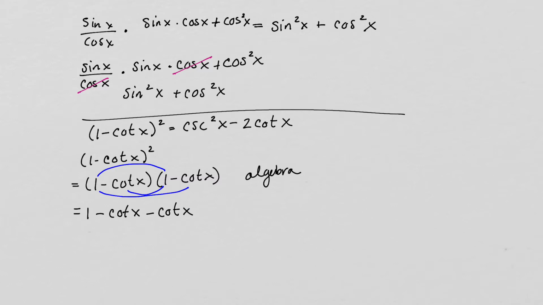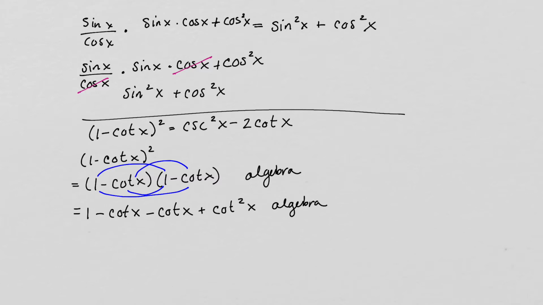And then I have minus cotangent times minus cotangent, which is going to give me plus cotangent squared x. Are you okay with that?